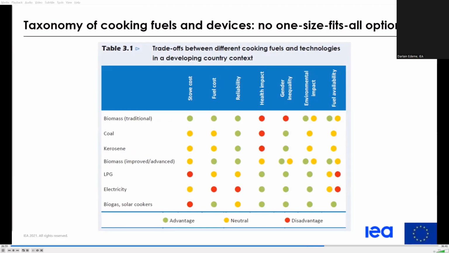Then we take into account reliability and health impact, because if you are not using clean cooking fuels such as coal, this is a disadvantage for health. There is also gender inequality, as it is mostly women that collect wood for cooking, and there is also the environmental impact to take into account.